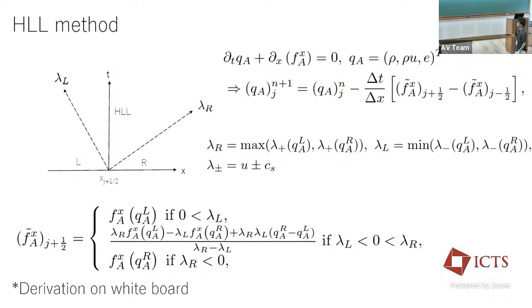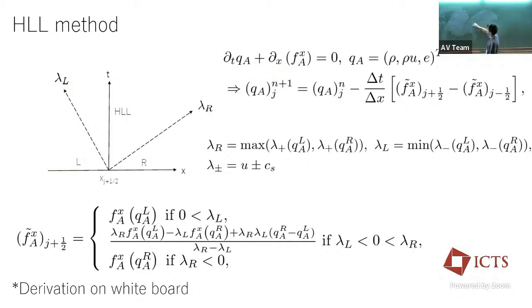So it gives that if lambda L is positive, the flux should be the physical flux at the L state. The meaning of this condition is, here is just one specific case, but if lambda L is positive, the Riemann structure is something like this: lambda L, lambda R, and an intermediate state, right?